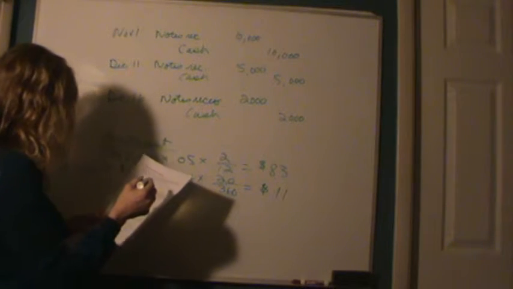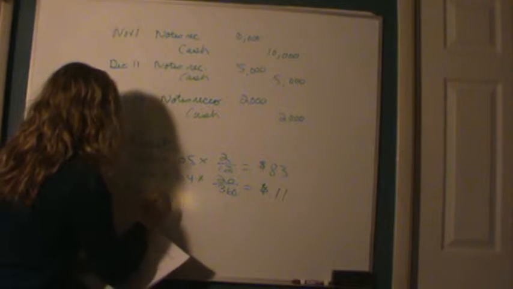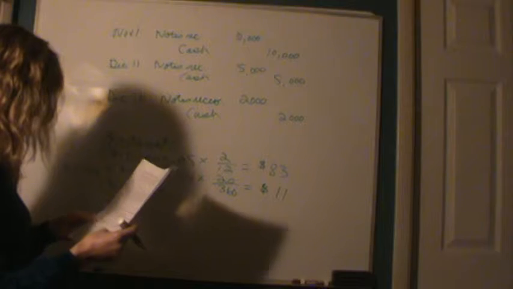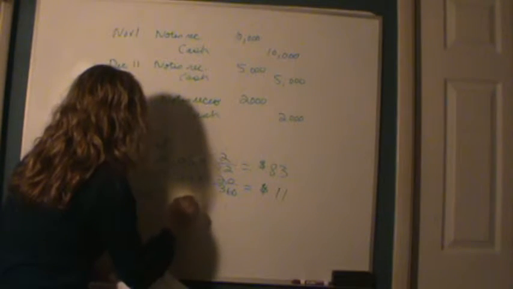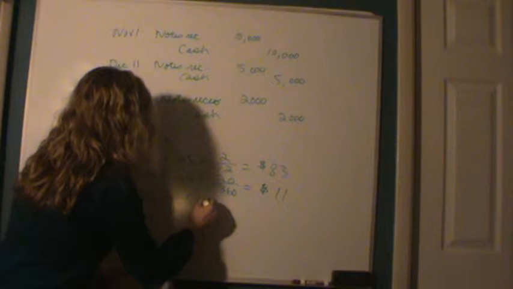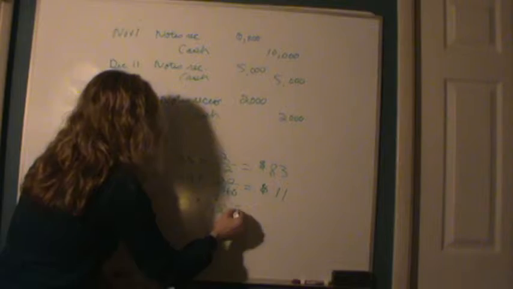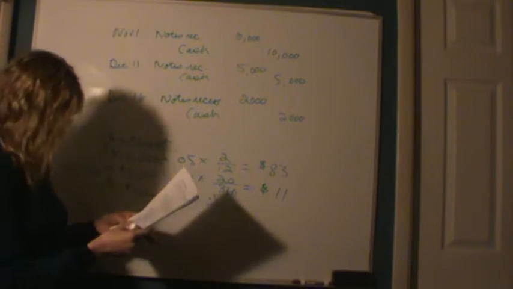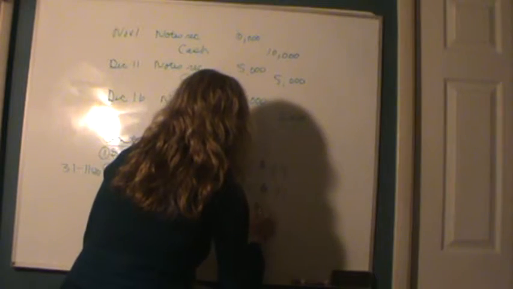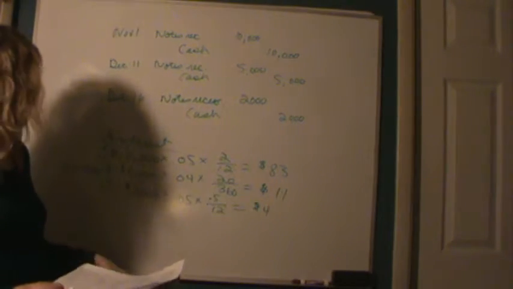It's going to be 2,000 times 5% times 0.5 divided by 12. It's a half of a month, right? So 0.5 divided by 12, and that will give us about $4. Again, it's $4 and some change. We're just going to make it 4.